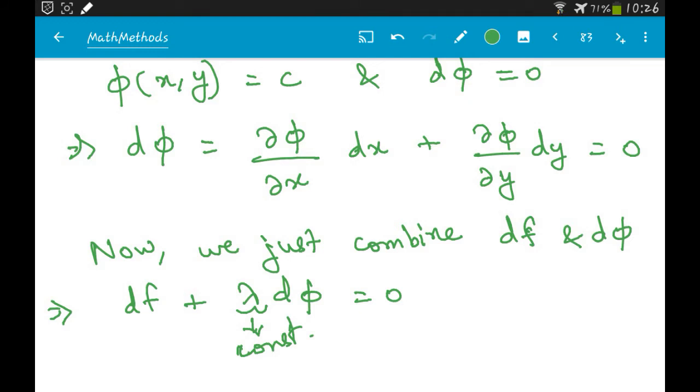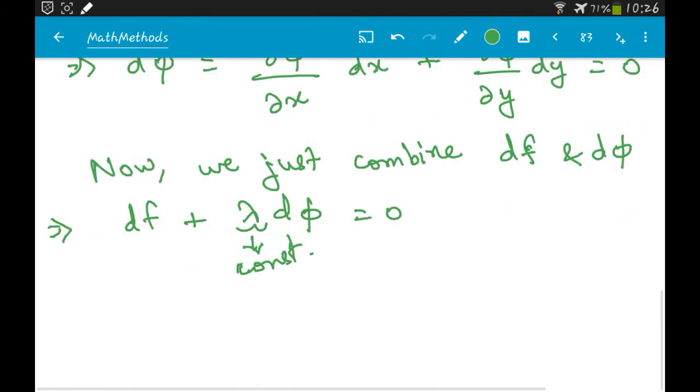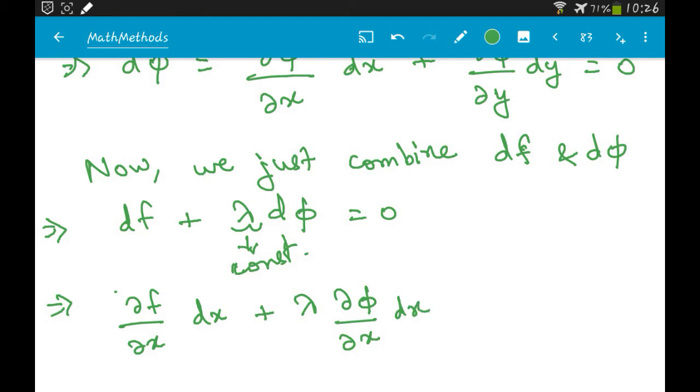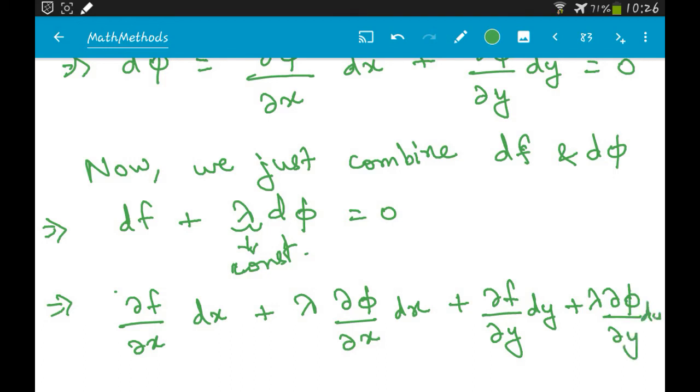Now we can write the complete equation: dou f by dou x into dx plus lambda dou phi by dou x into dx, plus dou f by dou y into dy plus lambda dou phi by dou y into dy is 0.